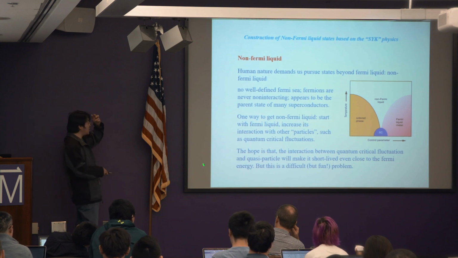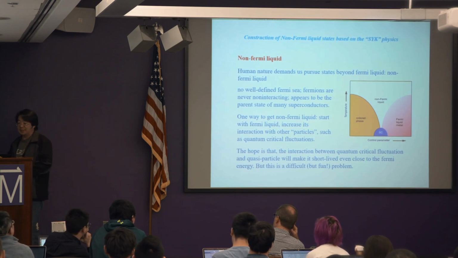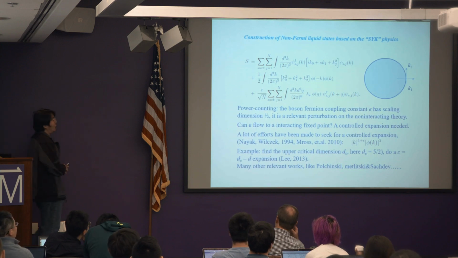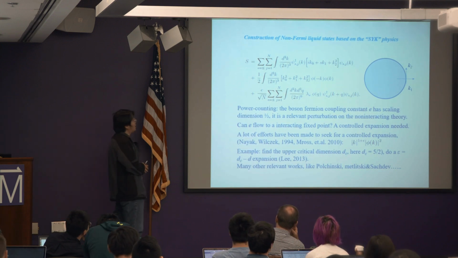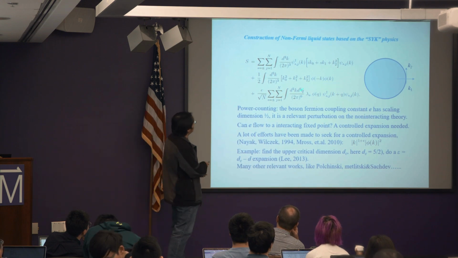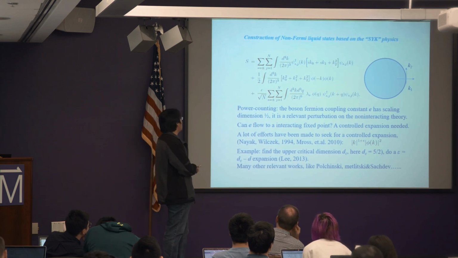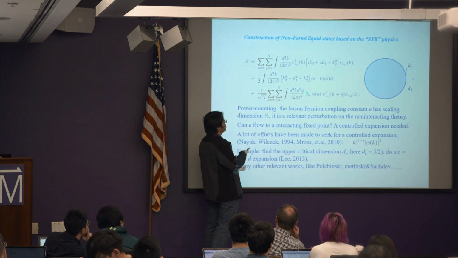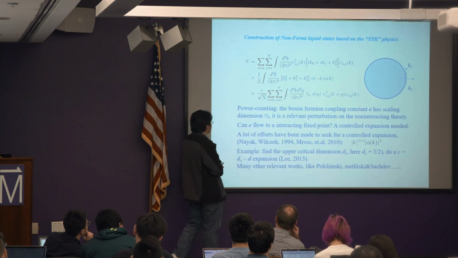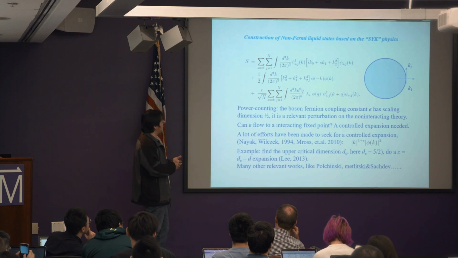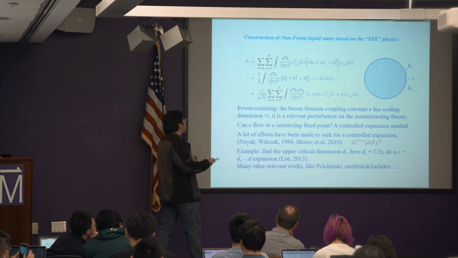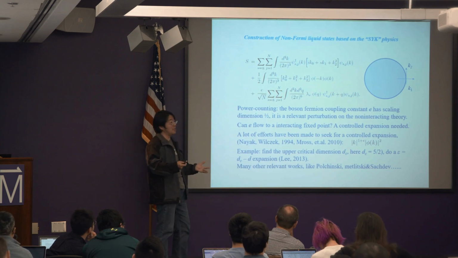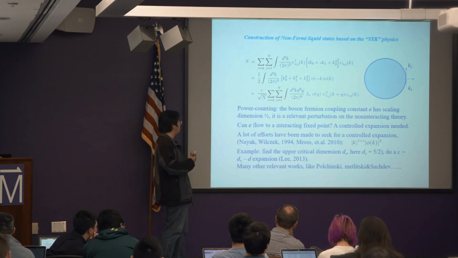So this is a very fun problem, and yesterday we heard about a lot of methods and tricks developed for this formalism. For example, the two-patch or one-patch theory. By power counting, we can show that this boson-fermion coupling is relevant. Many efforts have been made to seek a controlled expansion of this relevant coupling constant, which may flow to a fixed point, a non-Fermi liquid fixed point.